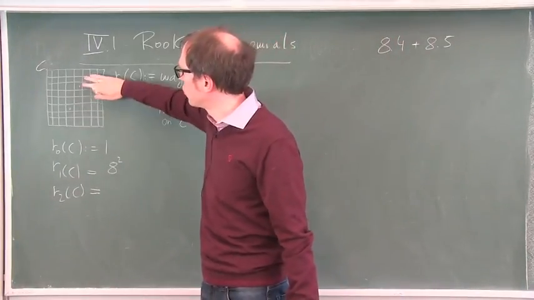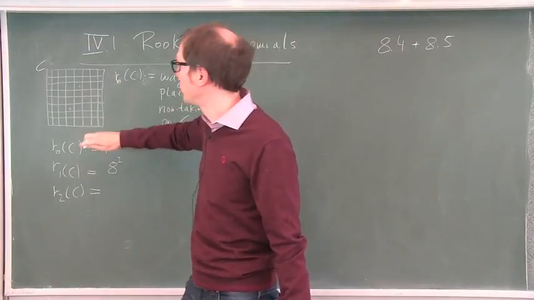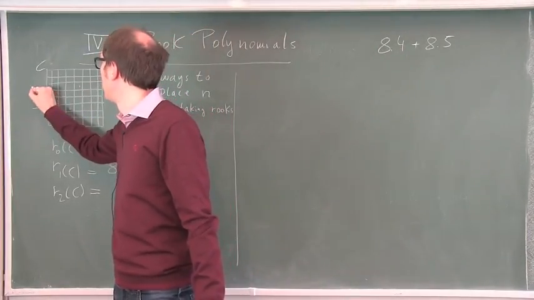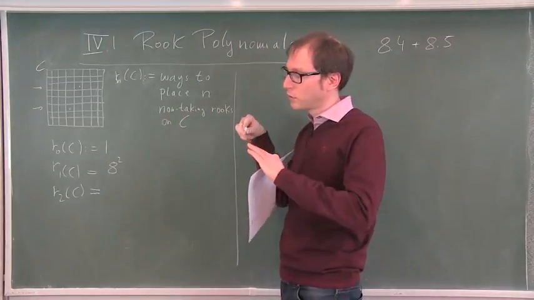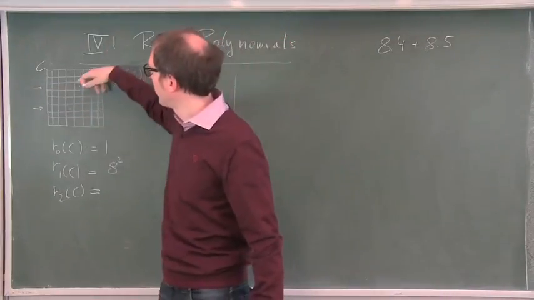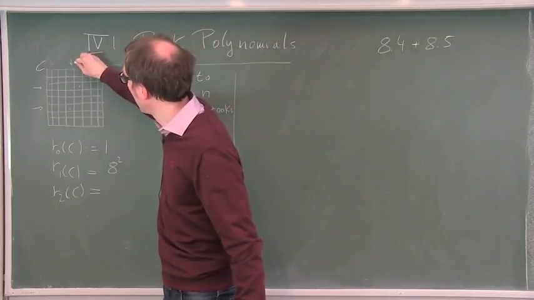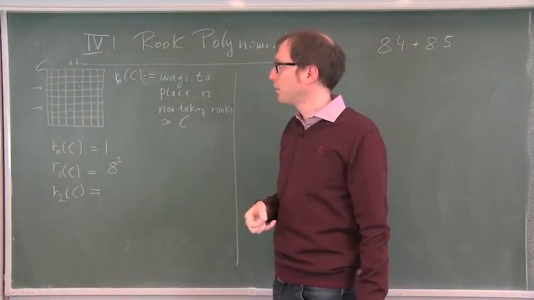You choose 2 different rows, namely this row and this row. You don't choose just 1 row, because that would mean that the 2 rooks would be in 1 row. And then you choose 2 different columns, like in this example here.